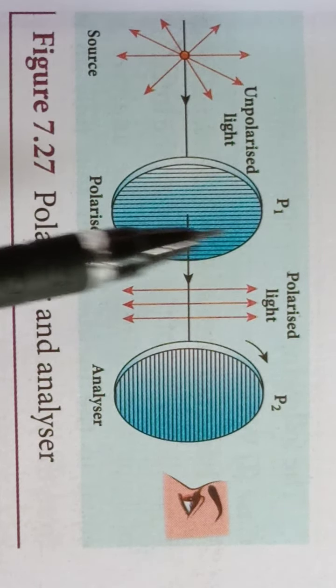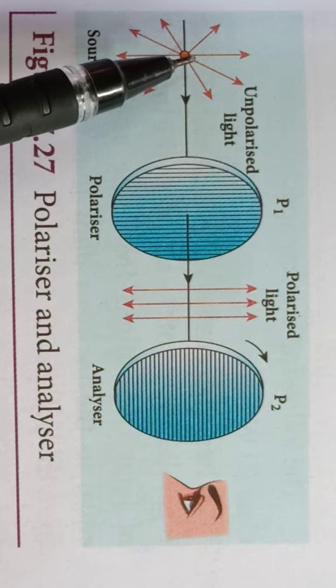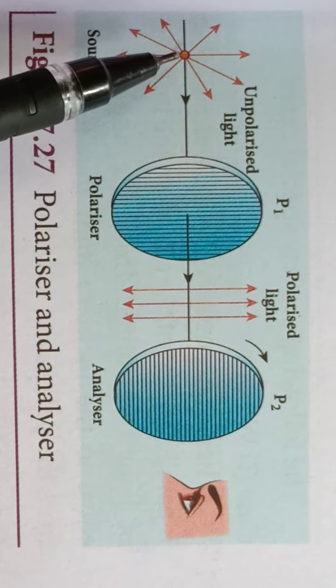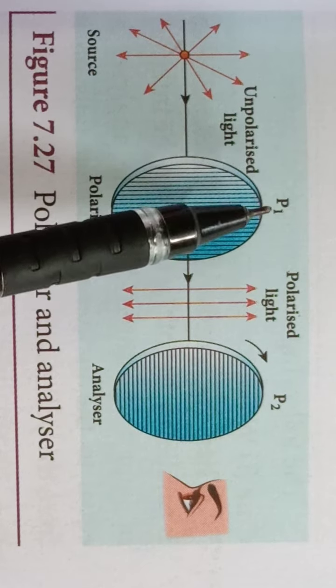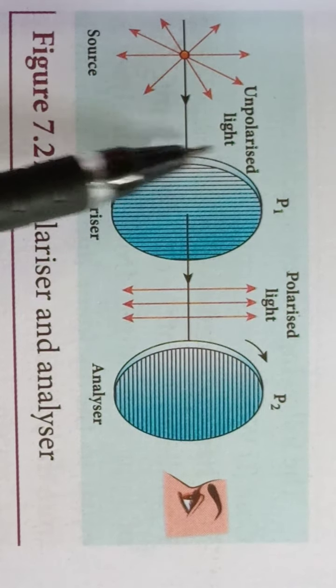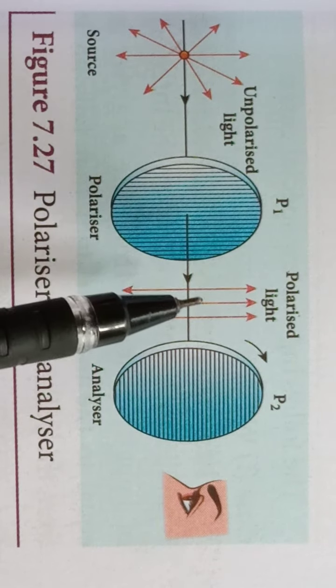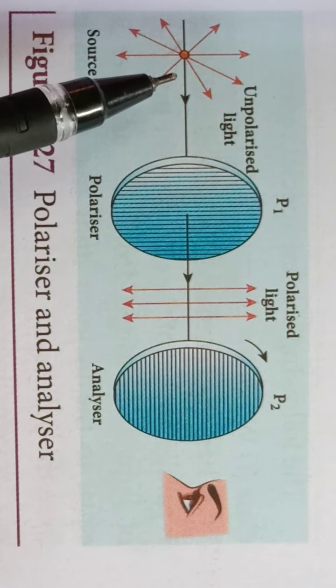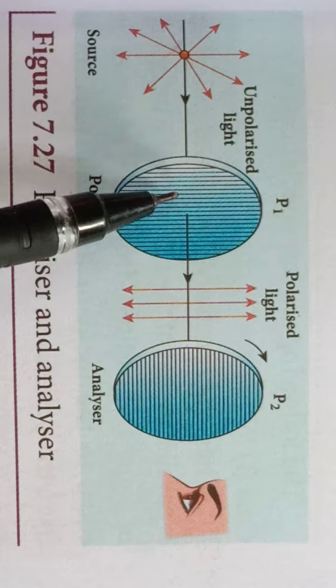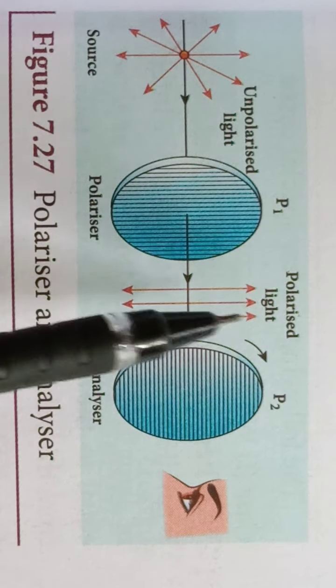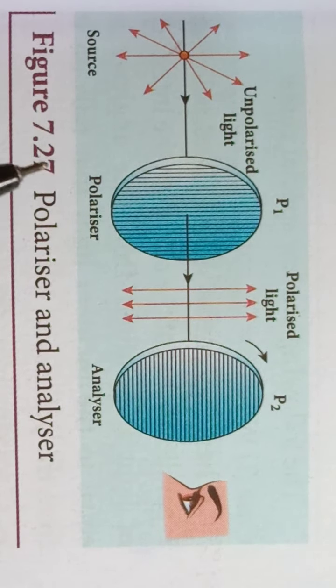For the unpolarized light, the polarizer, say P1, allows only one direction of light, parallel to the polarizer's plane. The unpolarized light falling on the polarizer becomes light with one direction of vibration. It's called polarized light. Clear?